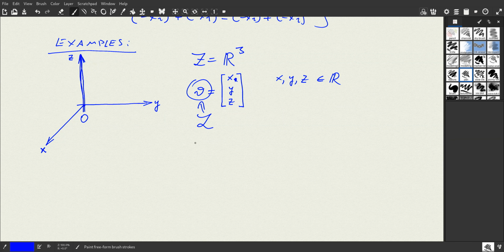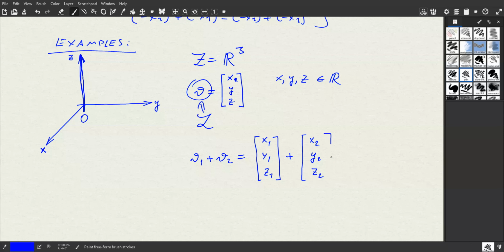Then obviously addition of vectors is defined in a very elementary way. V1 plus V2, which is x1, y1, z1 plus x2, y2, z2, is defined component-wise: x1 plus x2, y1 plus y2, z1 plus z2.